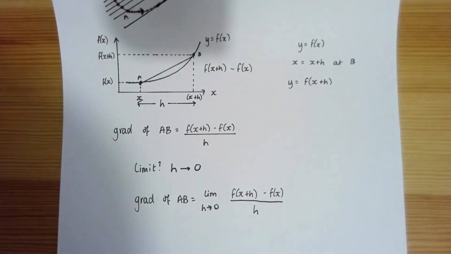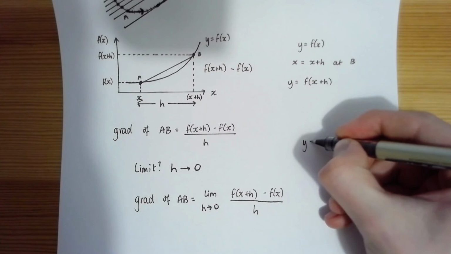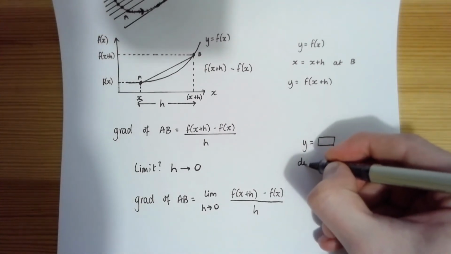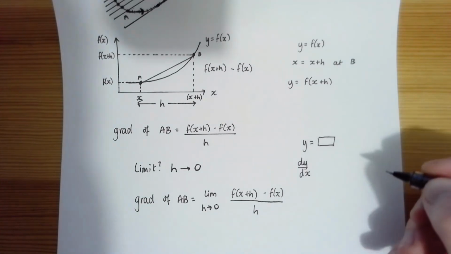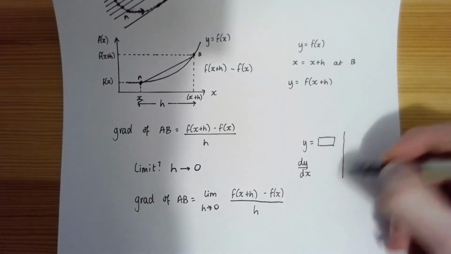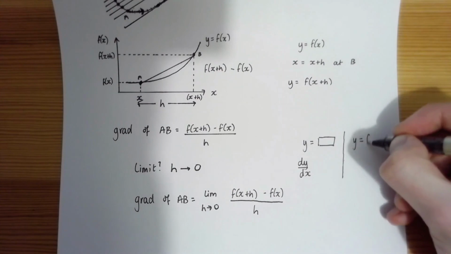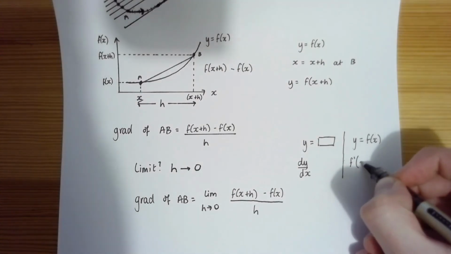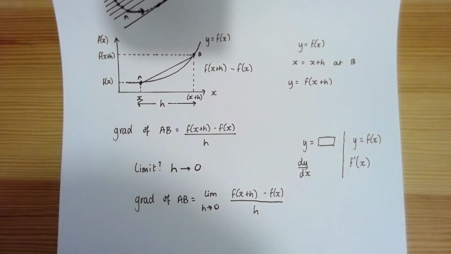And now we know that the gradient of a curve, if we watch the previous video, is dy on dx. Now that's when we have y as a function of x, the gradient is dy on dx. However, when we have y equals f of x, what we want to say is f dash x, and that's another notation that we use when we're working out the derivative when we're dealing with f of x.